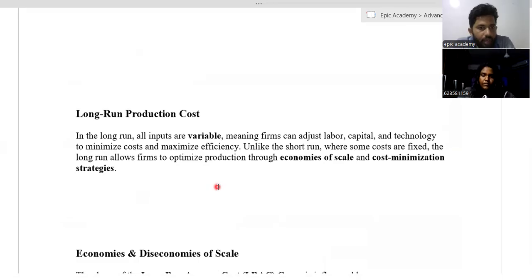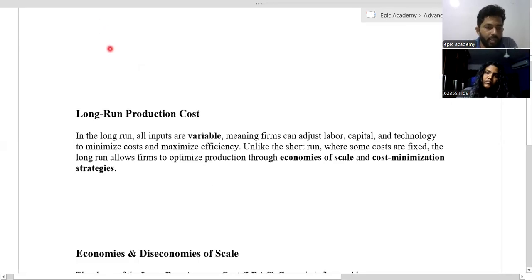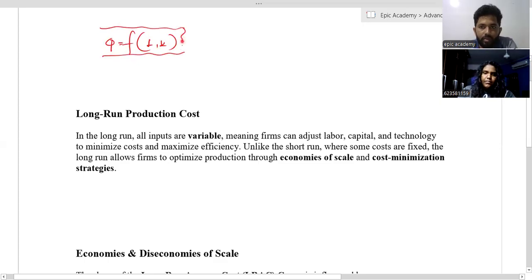Okay, the long run production. When we discuss the Cobb-Douglas production function, Q equals F(L, K), you may remember that in short run production, the equation is represented by the Cobb-Douglas production function F(L, K hat).